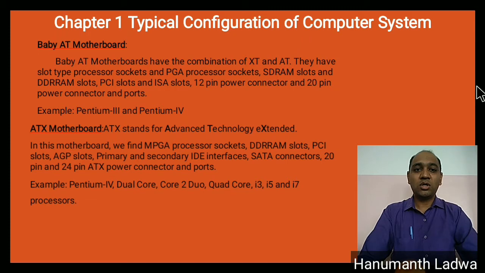Examples: Pentium 4 dual core, Core 2 Duo, quad core, i3, i5 and i7 processors. So here Intel is the largest company that manufactures the processors.